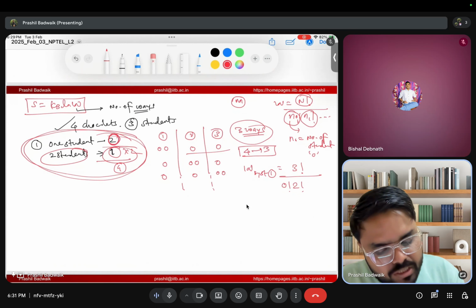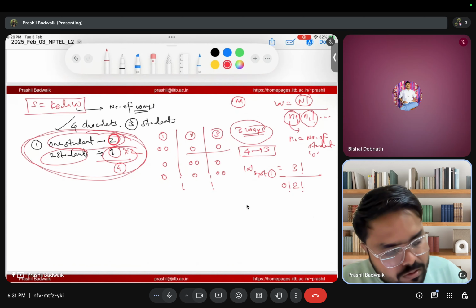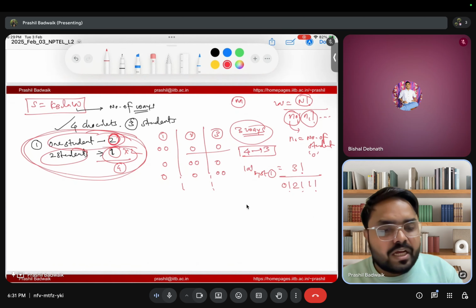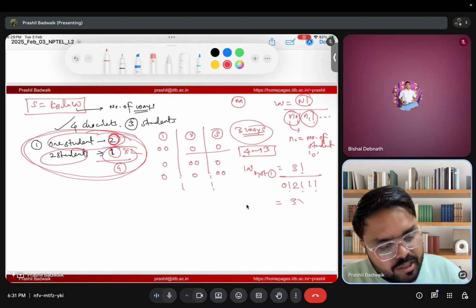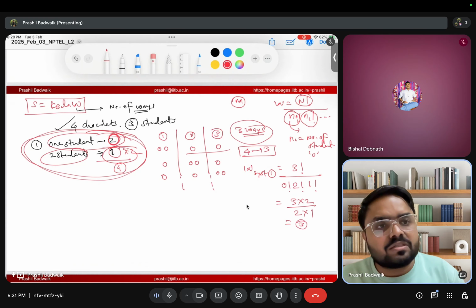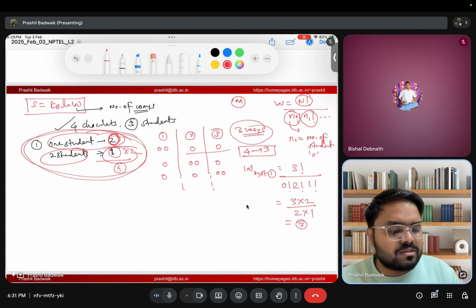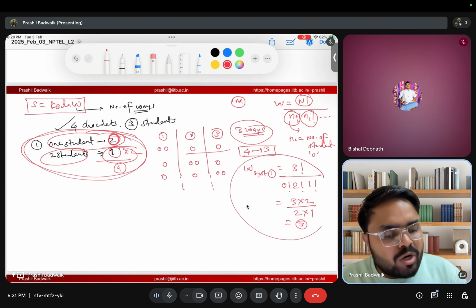Only one student, 1 factorial, right? And we do not have four chocolates and so on. By this logic you can see 3 into 2 divided by 2 into 1, so this is equal to 3. So using this formula we got to know how many ways there are in which I can distribute these chocolates.